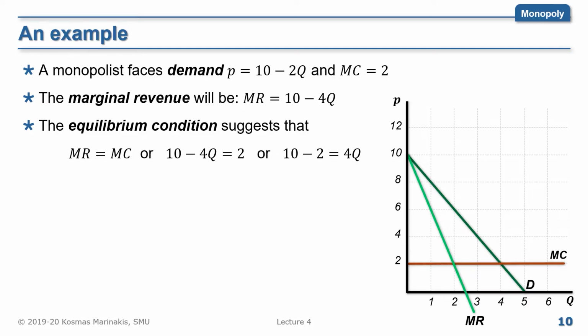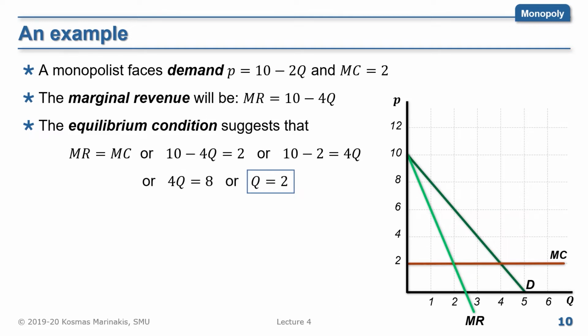And this usually I want it on the other side, but this is how it helps me now because I didn't want to have two negative things in each part. Now I will put them on the right side. 4 times Q equals 10 minus 2, that's 8. And then I can divide both sides by 4, and I will understand that my quantity is 2.